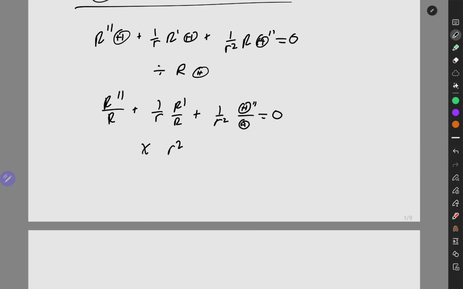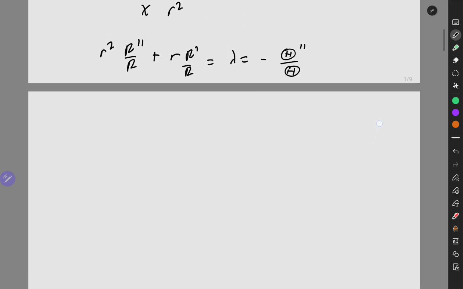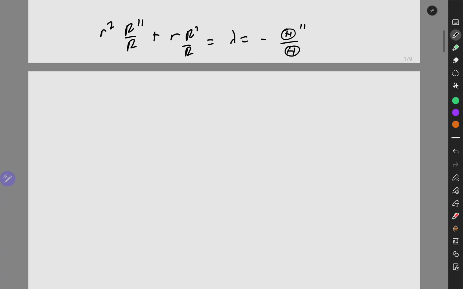That leaves us with r squared R double prime over R, plus r R prime over R. I'm going to introduce the separation constant and move this over. Remember, the r squared cancels. We can now write our two equations.